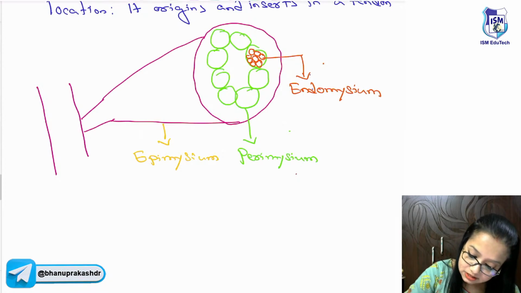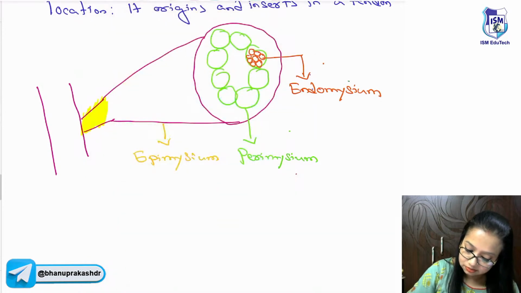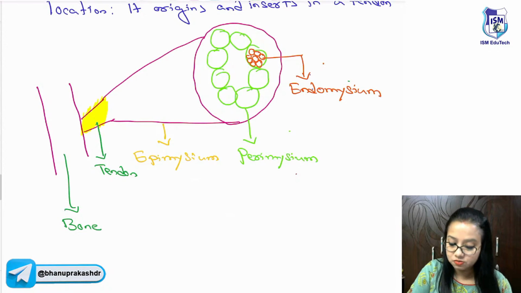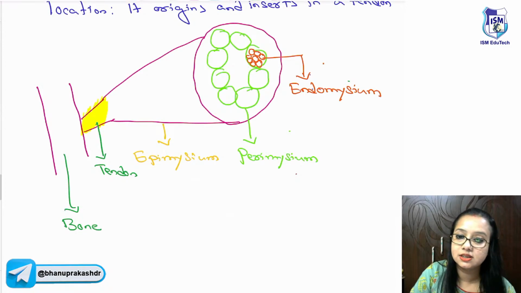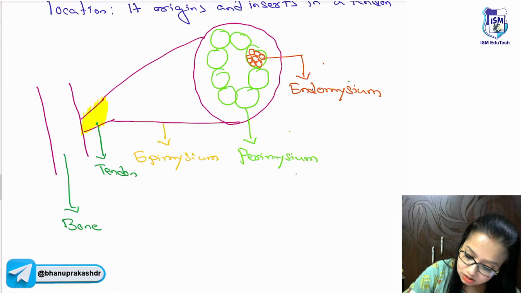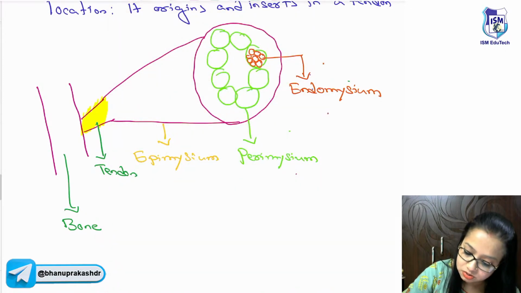And if we draw it, this is the tendon, and this is the bone to which the muscle through the tendon is attached. So this is the hierarchy. Now, if I highlight one muscle fiber, it will stand out to be like this.